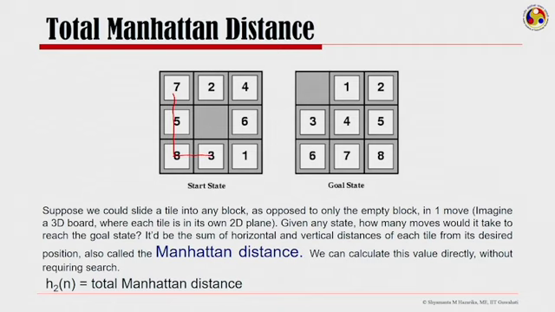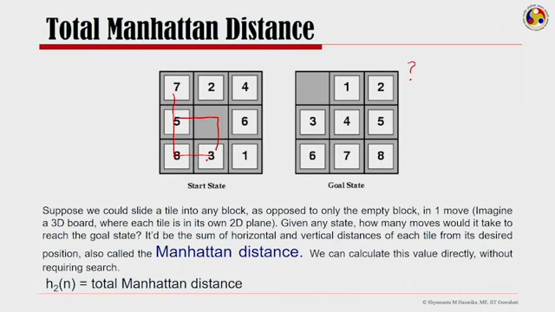For that matter, 3 can go from here via this to this. So suppose we can slide a tile into any block as opposed to only the empty block, and given any state, the question is how many moves I would need to come to the goal state.